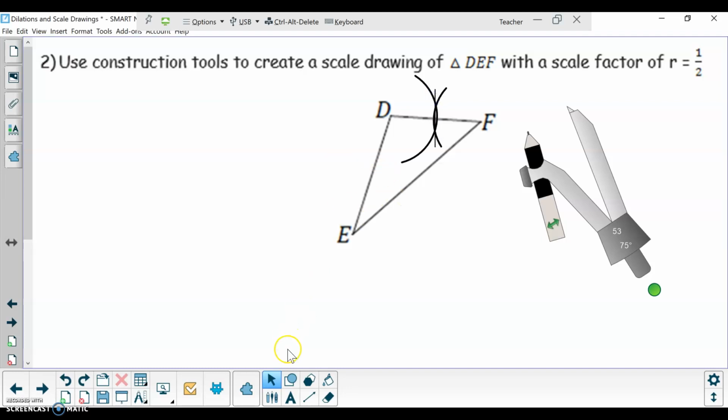If we line up those very close arcs, we know that this point right here is F prime.